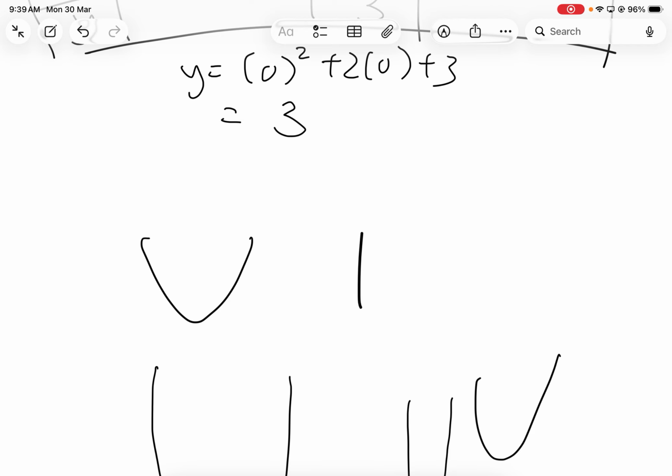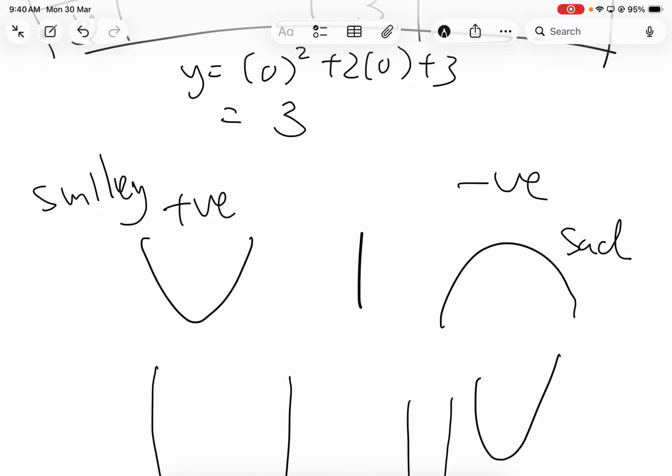When you have a positive x square, the shape is a smiling one. When you have a negative x square term, the shape is a sad face. So it all depends on the value of your x square. When my x square is positive, my graph will be a smiling U shape. When my x square is negative, it will be a sad face.